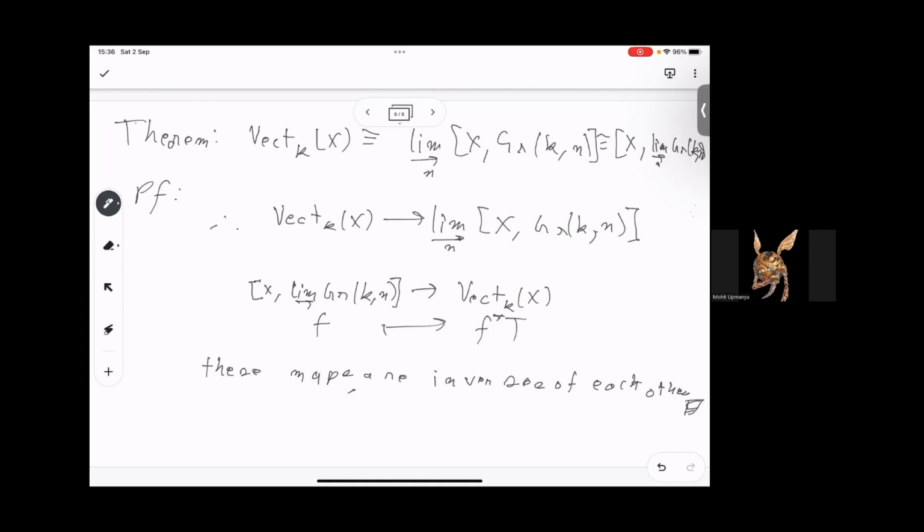So I think this is enough. Any questions? I have not properly shown that these are inverses, but this does get the key ideas.